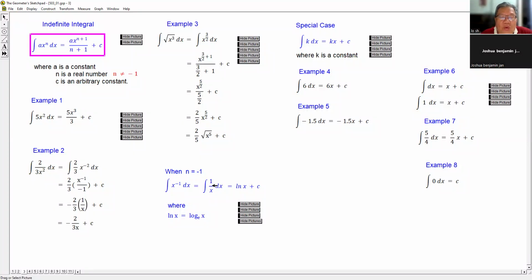Now, if you integrate 1 over x, you don't increase the power by 1 and divide by the power. Integrating 1 over x gives log x. ln x is natural log. Not log base 10, but log base e. Right? So ln is log base e. ln x is log base e of x.